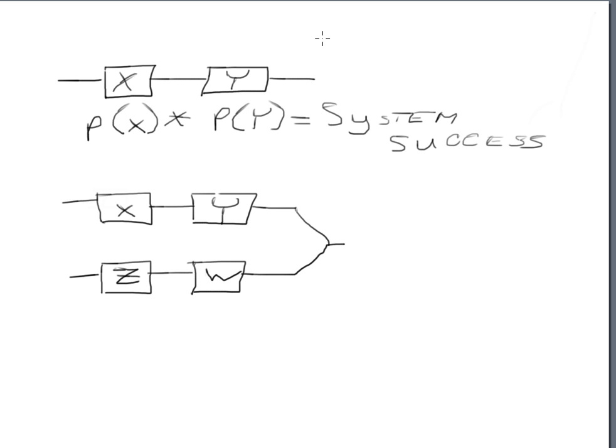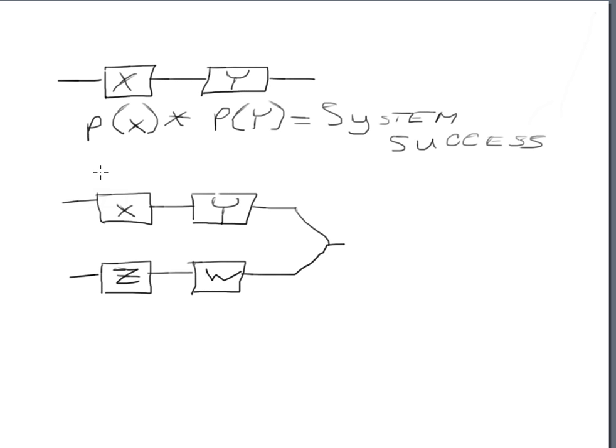Whether they were in a line or they were in parallel or whatever, they all must be multiplied together. Let's look at this system down below that I'm now pointing out where we have parts X, Y, Z, and W. We can see here for the system to work, these two parts must work, and these two parts must work. That's all well and good.